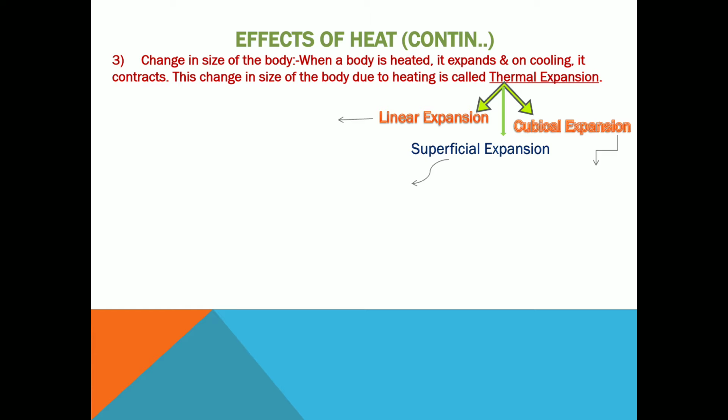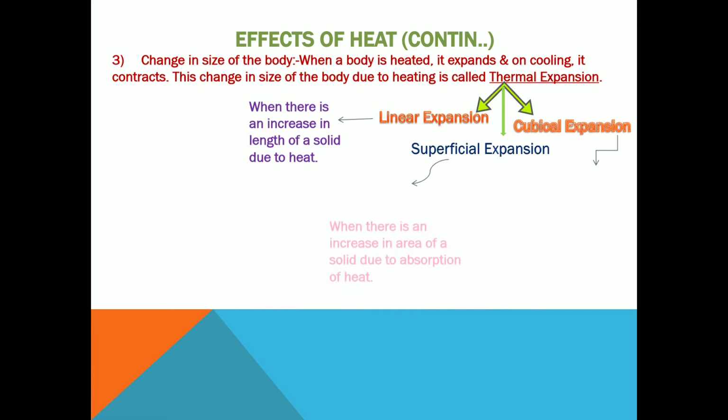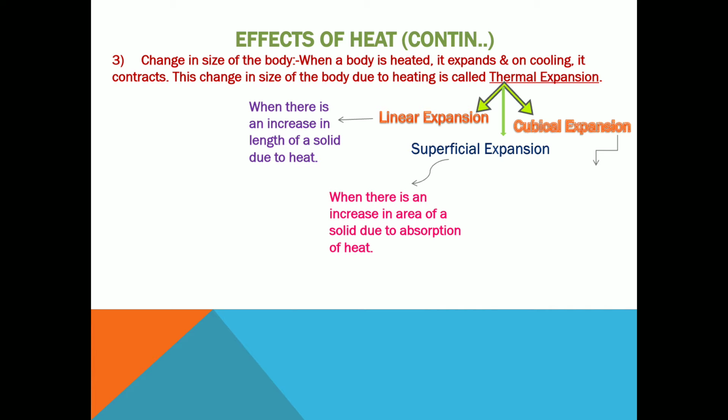Okay. So linear expansion is when there is an increase in the length of a solid due to heat. When the length increases or decreases due to heat, that is known as linear expansion. Then superficial expansion is when there is an increase in area due to absorption of heat.